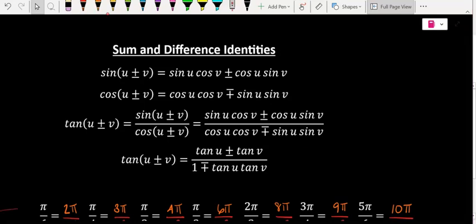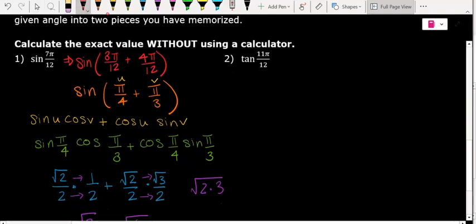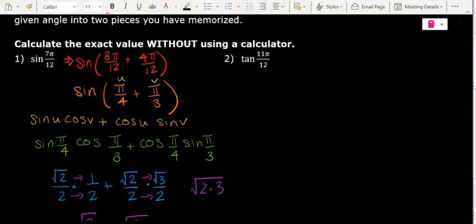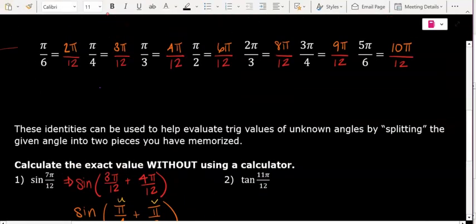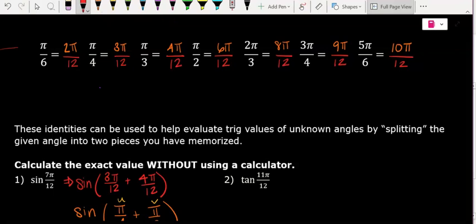I'm going to go ahead and show you how to use this equation. So when I go through and do this, I've got to figure out, just like I did on the last one, what two things can I add together to get tangent 11 pi over 12. So when I look at these same values that I had earlier, I still have the same denominator of 12. So that's going to make things a little bit easier for me.